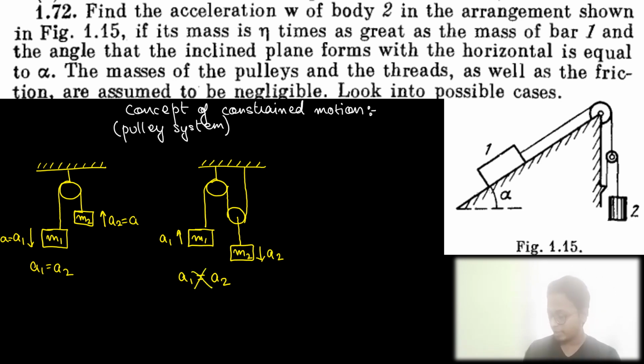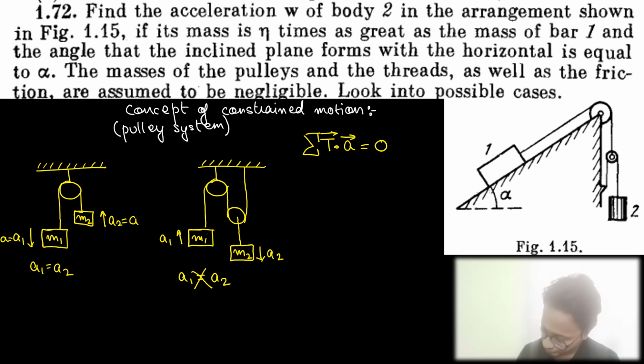So how do we determine the relation between A1 and A2, and what is the concept behind it? The concept behind it will be discussed in the theory chapters, but I'll tell you the formula that is used to derive the relation between A1 and A2. The relation is the net summation of T dot A is equal to 0, or the net summation of tension into acceleration acting on the body is equal to 0.